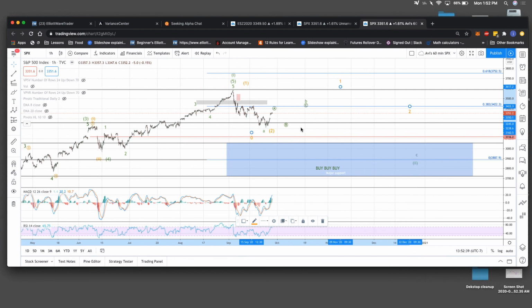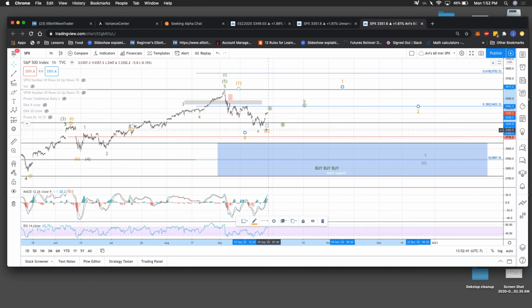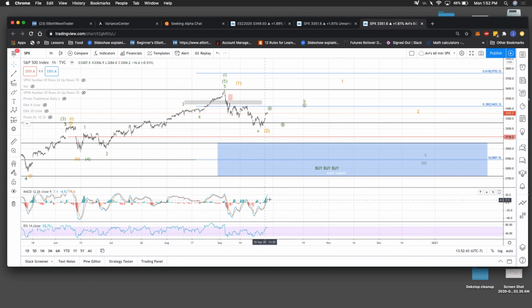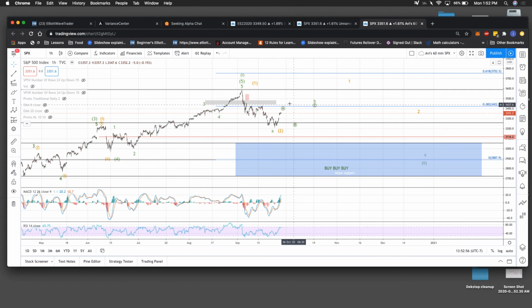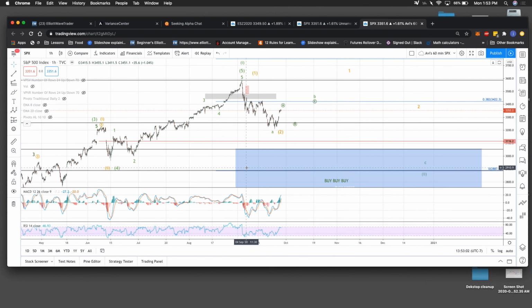If you're looking at the SPX here, we had very positive divergence on this low here. We had 2 lower lows and 2 higher lows in the MACD. Again, I think the MACD is a very secondary indicator next to what we're doing in Elliott wave.